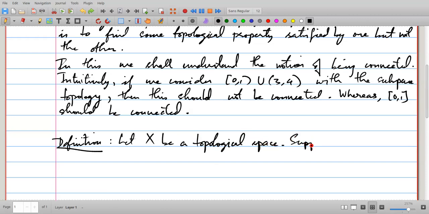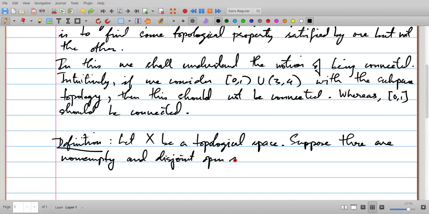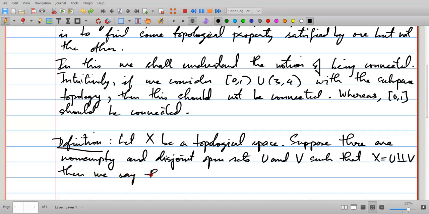Suppose there are non-empty and disjoint open sets U and V such that X is the disjoint union of both these, then we say that X is disconnected.